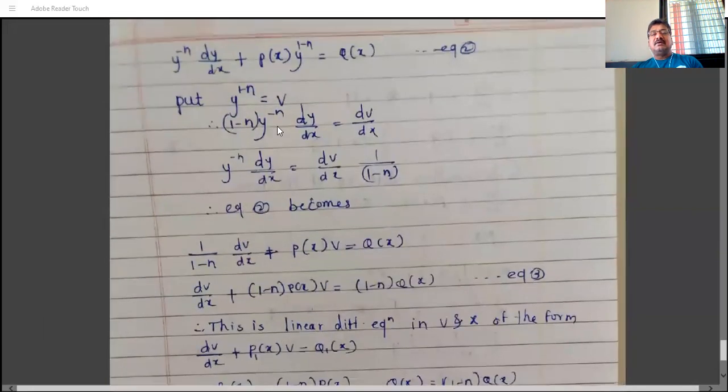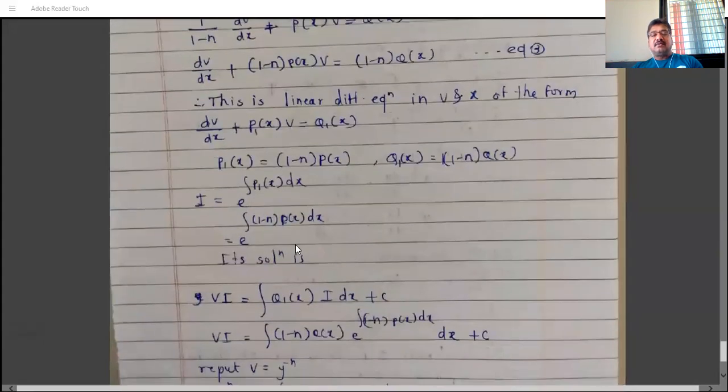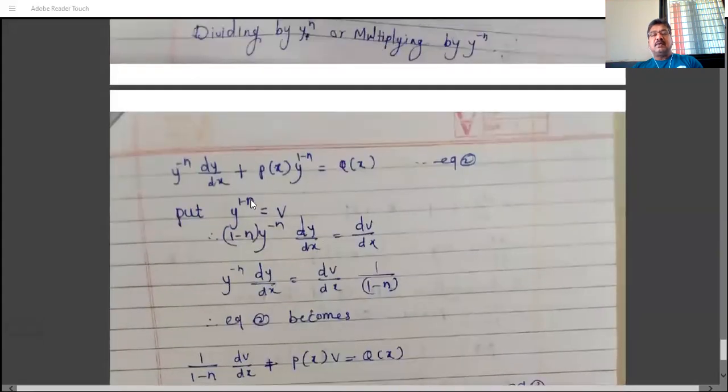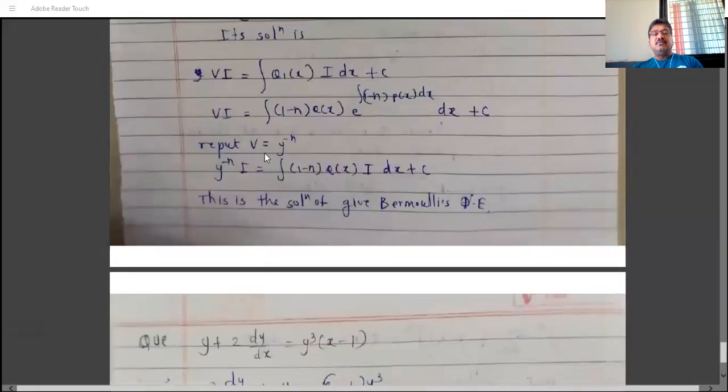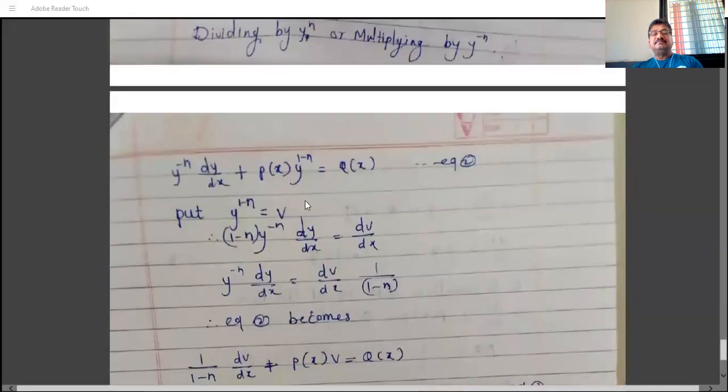We resubstitute v as y raised to 1 minus n. It is not y raised to minus n; v is y raised to 1 minus n.